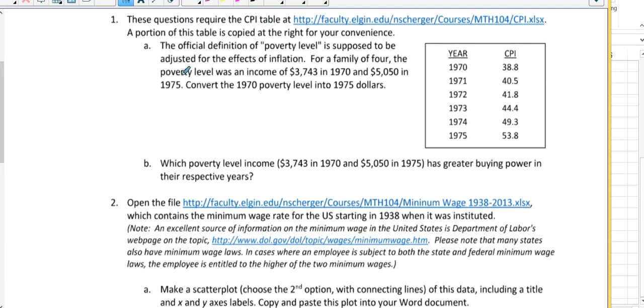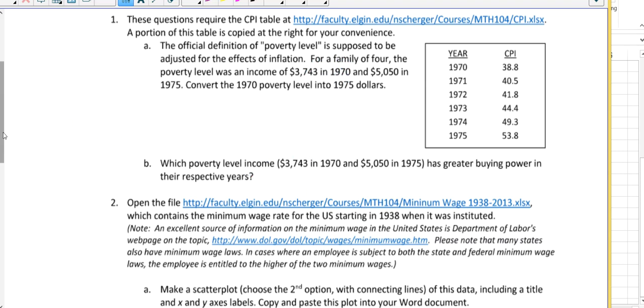You're going to start with what the poverty level was in 1970. You'll start with this 37.43, then convert that into 1975 dollars, and then decide which one of those incomes actually was better or had more buying power.